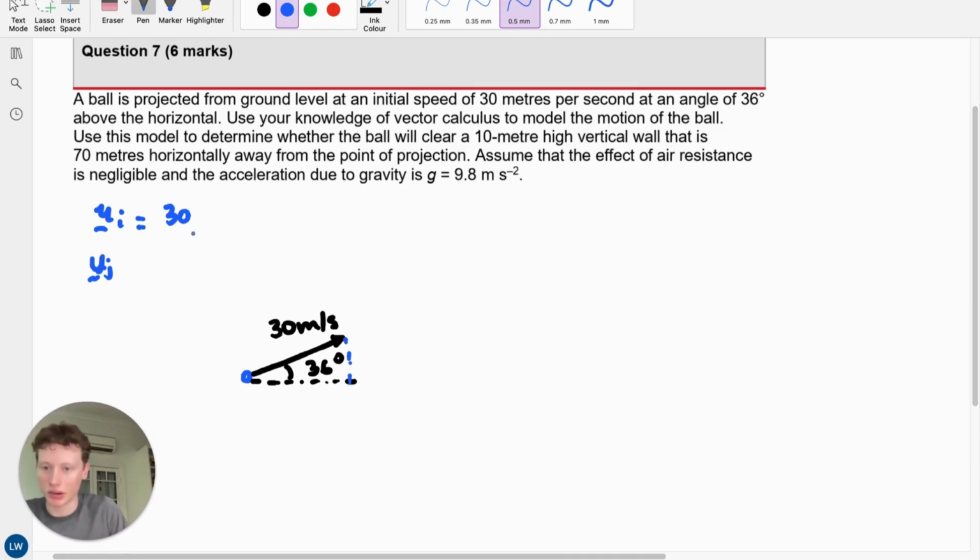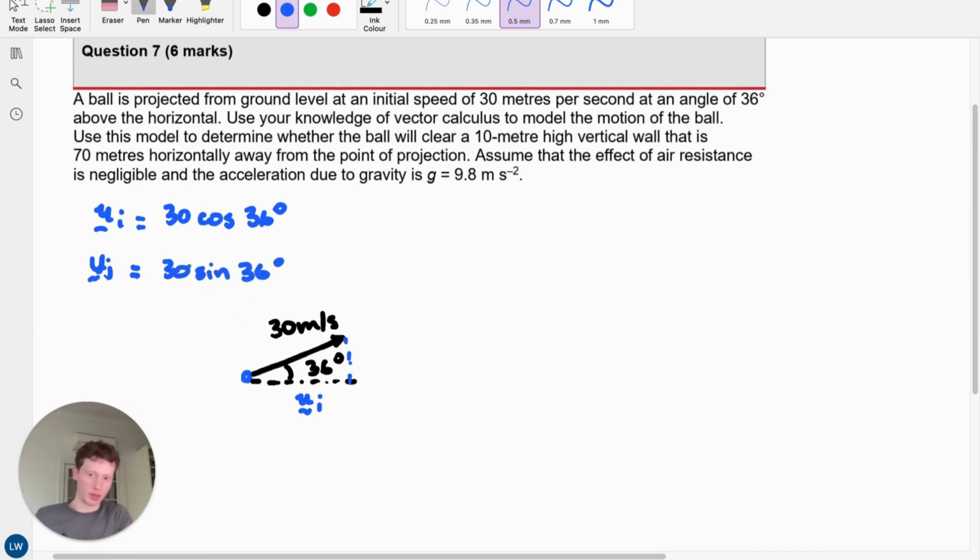And then it will be cos of 36 degrees because we're looking at this side here, which is going to be the cosine ratio of this angle in here, 36. Similarly, for our J component, it's just going to be 30 sine 36 degrees.